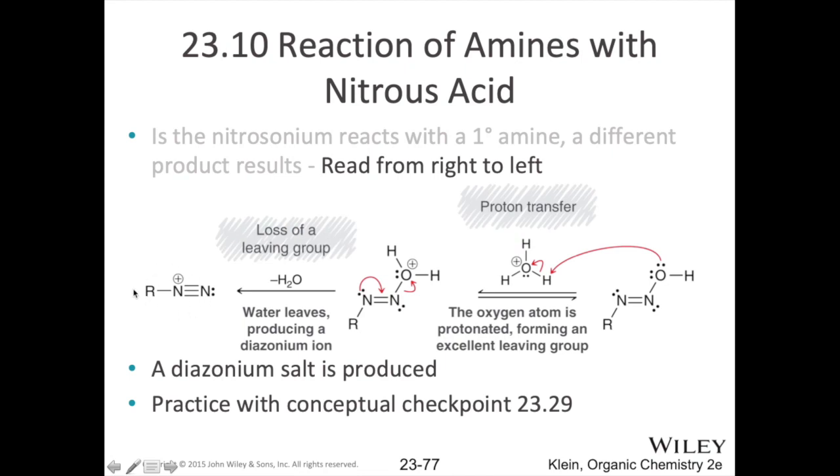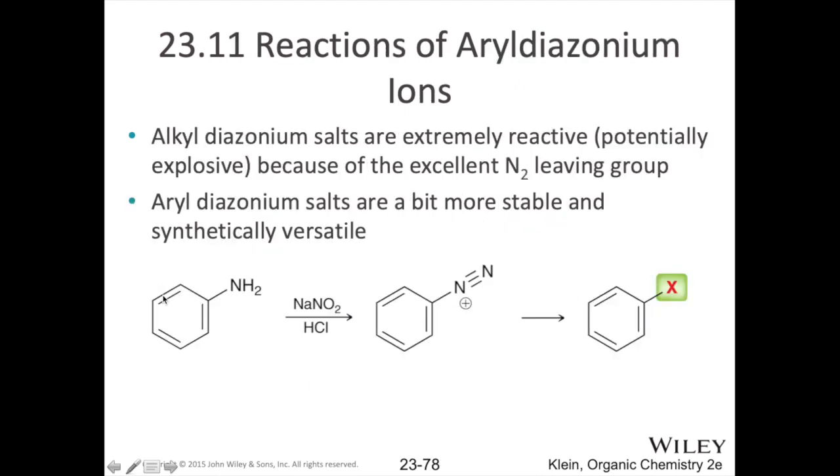Okay, and this is a great leaving group for tacking on another functional group to our alkyl group. So from a synthetic standpoint, we can convert our amine into this diazonium salt and very readily swap out that original amine for some other functional group.